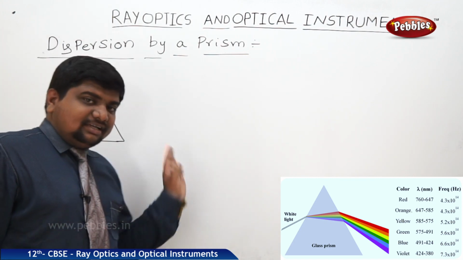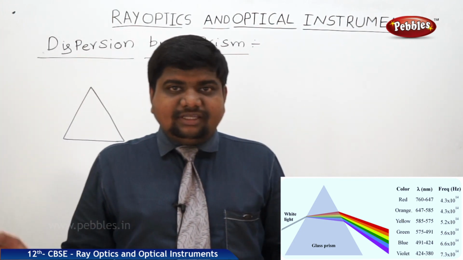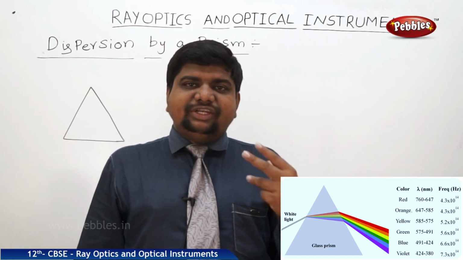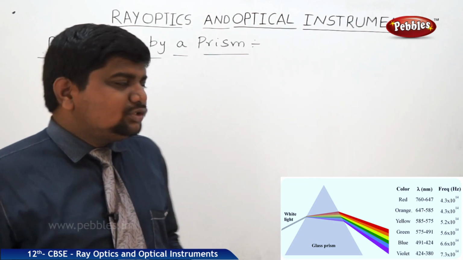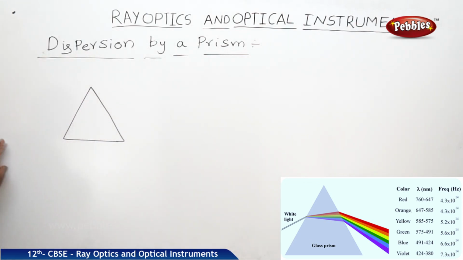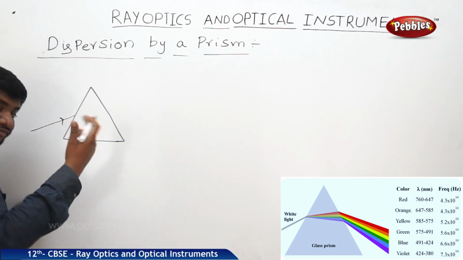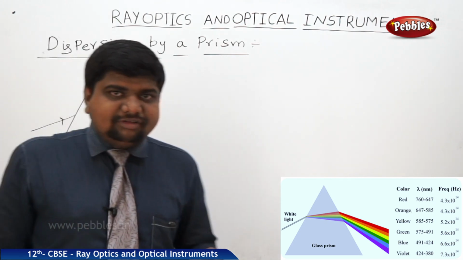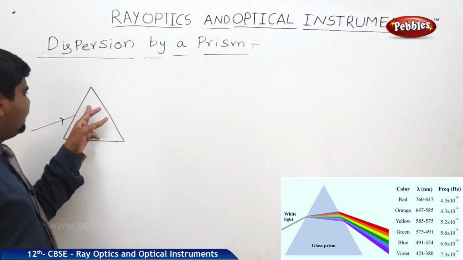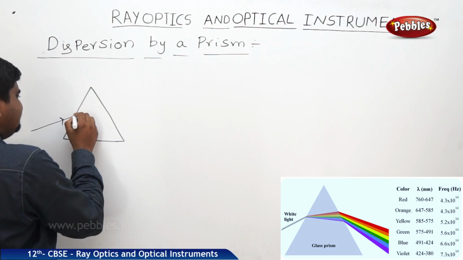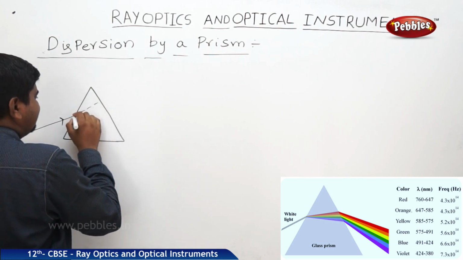Whenever the scientists discovered this concept of dispersion, they felt really wonderful. They found a new concept, a new idea, something wonderful. So what is this dispersion concept? Yes, there is white light. White light means light which is visible to our human eye. Visible light incident on a prism surface at any angle of incidence, then this white light is going to separate into 7 different colors.